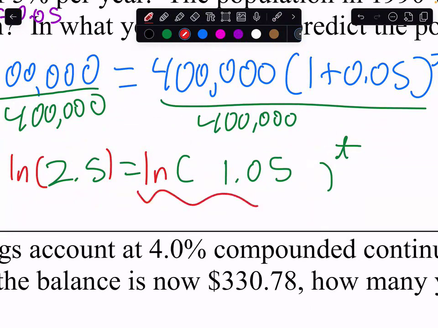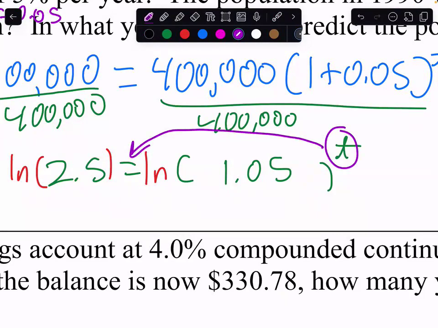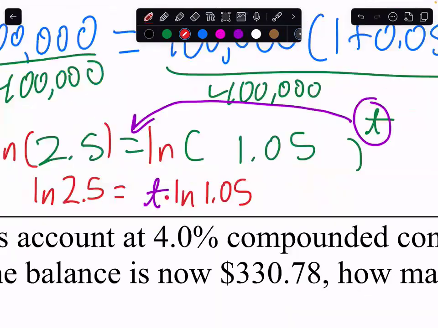Okay, so now that the right side is natural log of 1.05 to the power of t, we're allowed to move the t in front as a coefficient. Okay, so these parentheses aren't necessary anymore. And then the t is multiplying the natural log of 1.05.